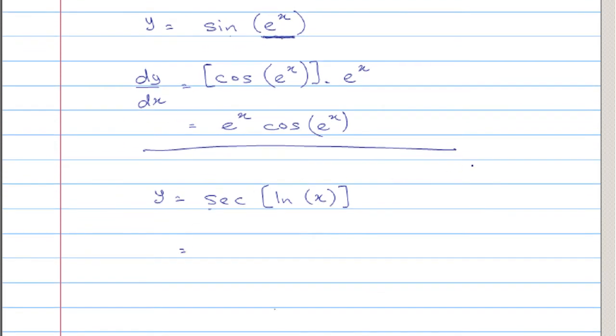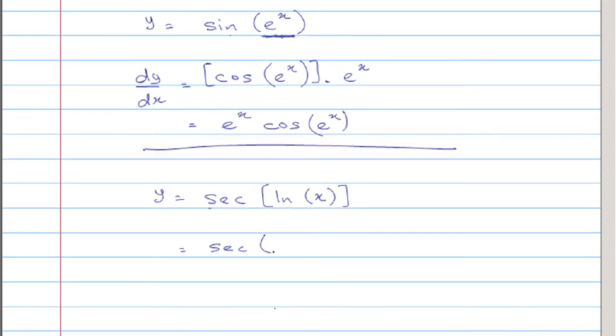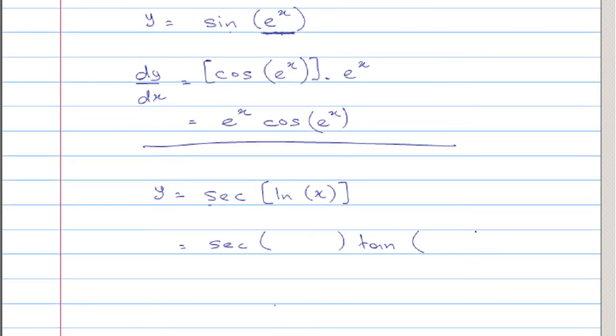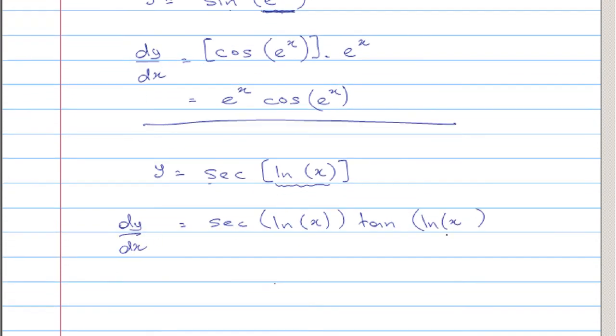Now to differentiate sec x, you can check from your formula booklet, or if you remember it, the derivative of sec x is sec x tan x. So I'm going to get sec of some function, I'll just leave that as a blank, sec x tan x. But instead of x, I got this function here, ln x. So I'm going to put sec of ln x tan of ln x. And this is dy over dx, by the way.